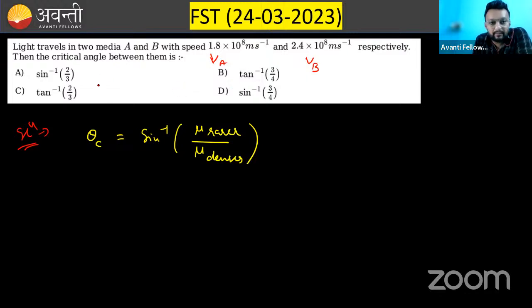And A has refractive index mu A and B has mu B. So just tell me which medium is denser out of A and B. Just answer. Darshana, Amin, Divya, Gaurav, just answer which medium is denser out of these two.